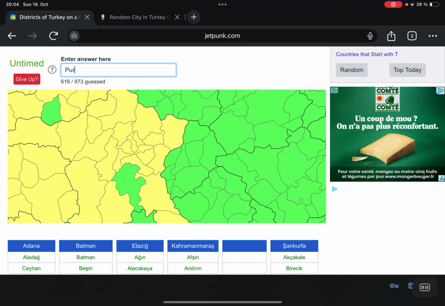So we have Pursaklar, Keçiören, Yenimahalle, Etimesgut, and I think also Altındağ, although as I said, it's debatable which of these actually still count as the city of Ankara, but I think Çankaya, Mamak, all of these are part of the city.